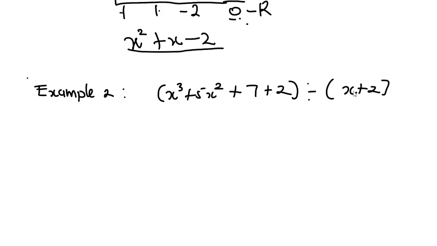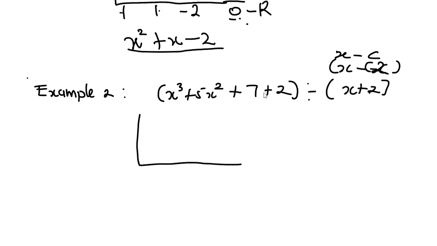Now, how do we do this? We said that we need to get our c. This should be in the form x minus c, so this here can be written in the form x minus negative 2. So it means that our c is negative 2.